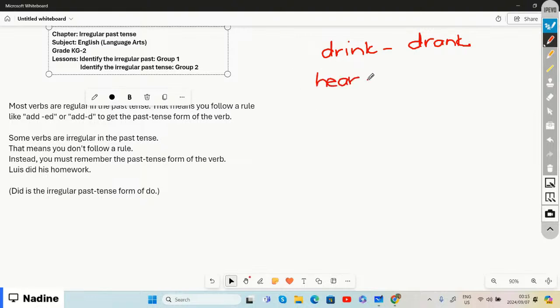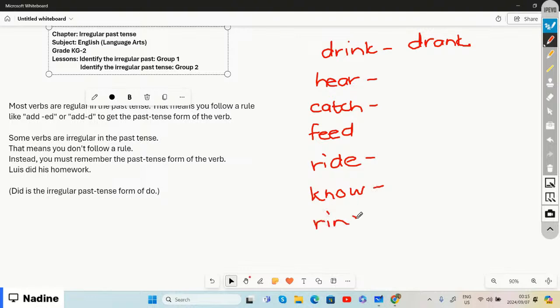What is the past tense of this word? I'm going to write in a few words, and then we are going to try and find the past tense of those words. We have hear, catch, feed, ride, know, ring, write, and lastly, we can say pay.